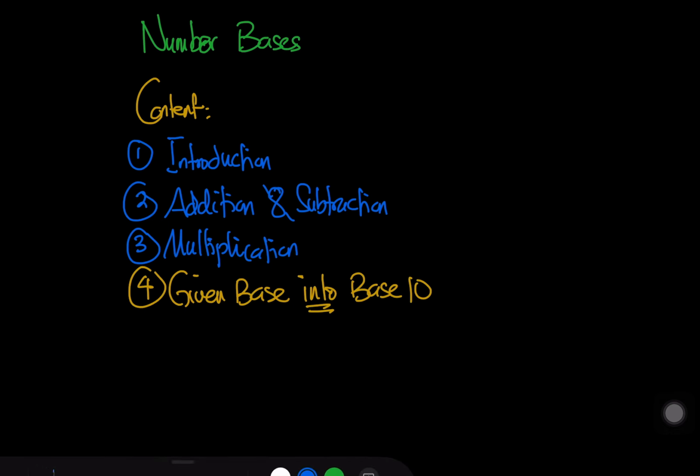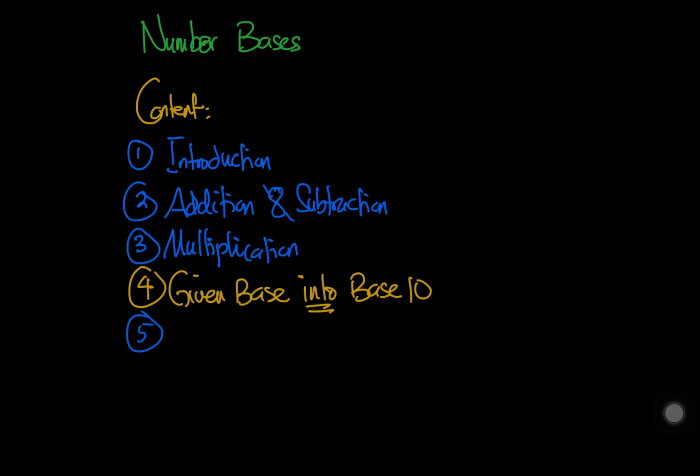And then the next thing, after converting a given base into base 10, is to be able to convert from base 10 into other bases. So something is already in base 10, and we want to see how that translates to base 2, base 3, and all that.